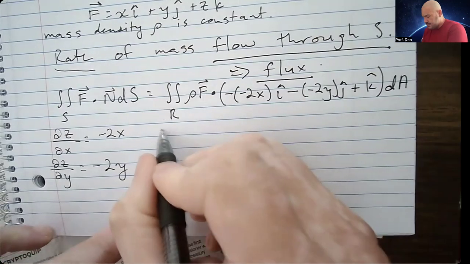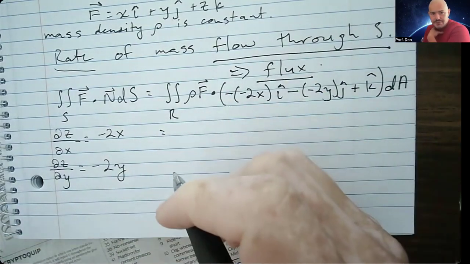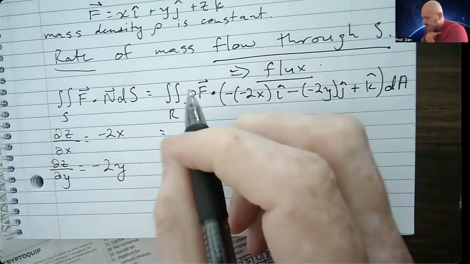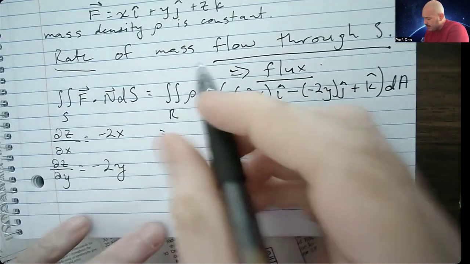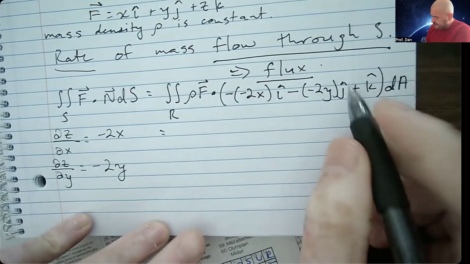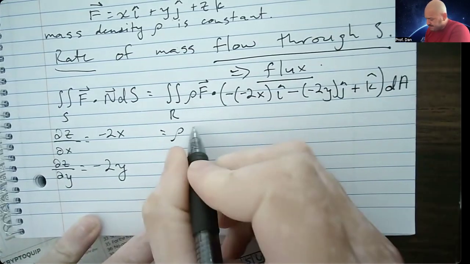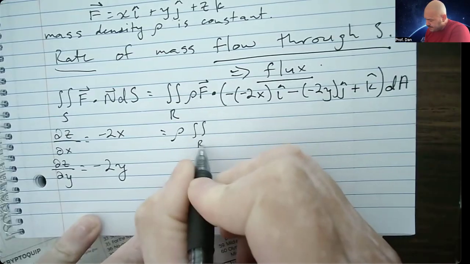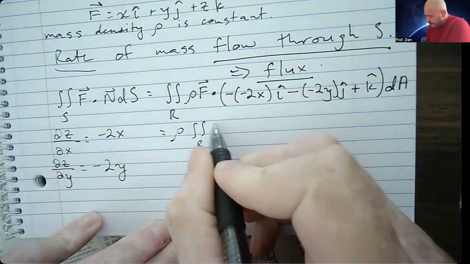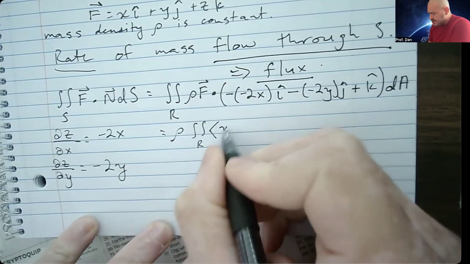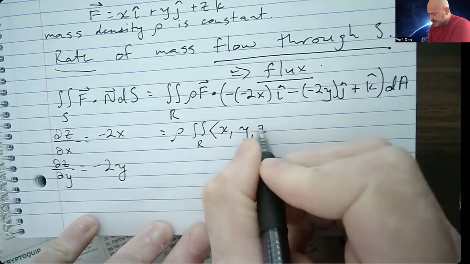So next, a little bit of simplifying before I throw some bounds on this. First off, rho is a constant. I can pull it out. F, to make my life a little easier, I'll write in component form. It's just x, y, z.